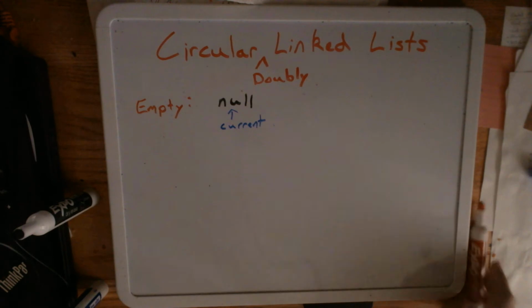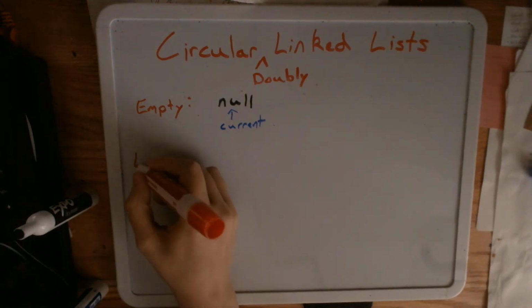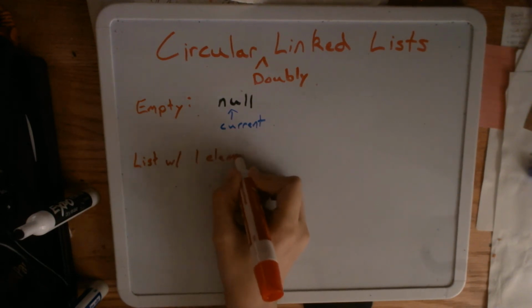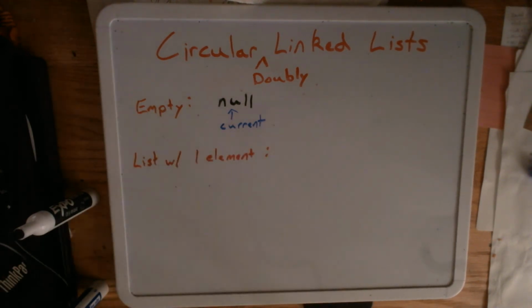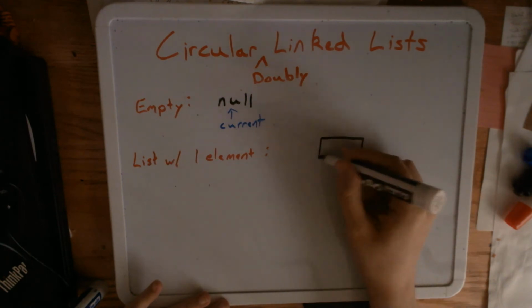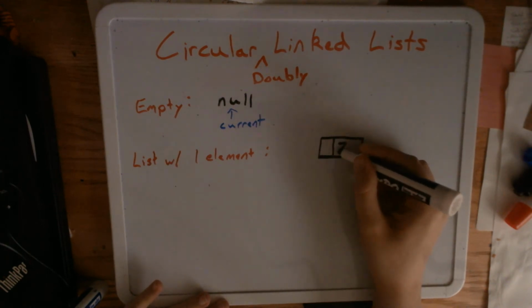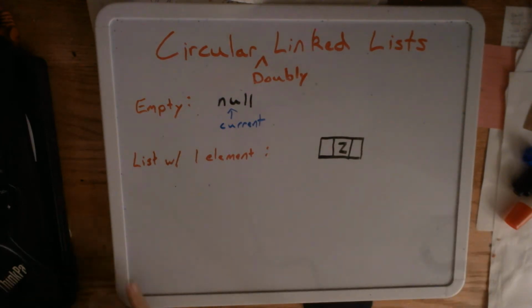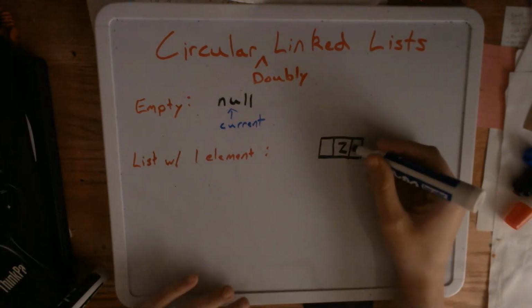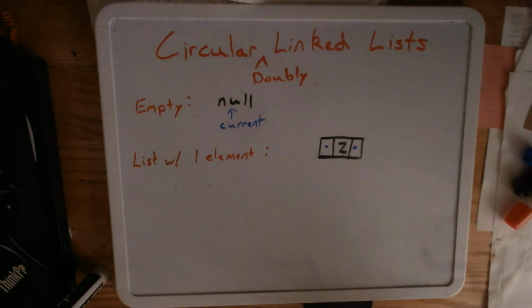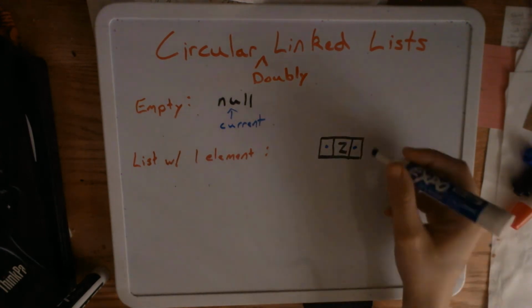Okay, so let's say now we consider a list with one element, because this gets a little weird here. So we have one element. I'm just going to name our elements after letters here so we have something to call them. So let's call this one Z. Right, and then it has a next field and a prev that should both point somewhere.